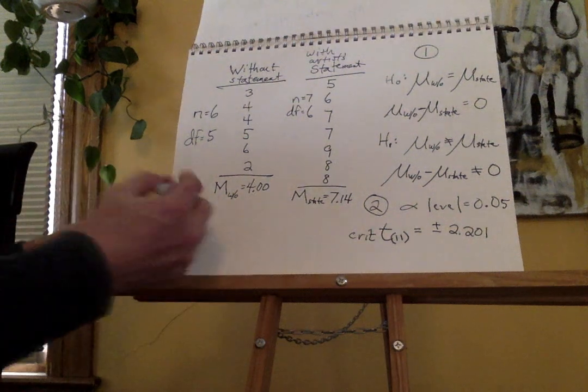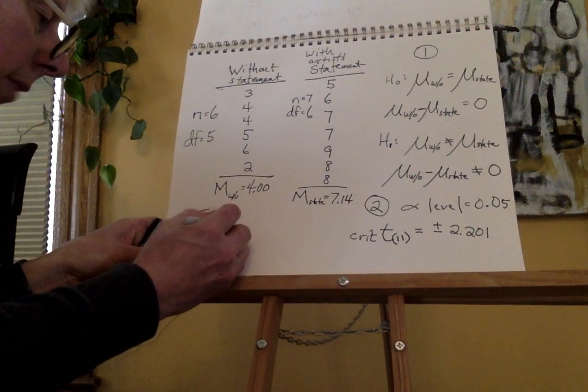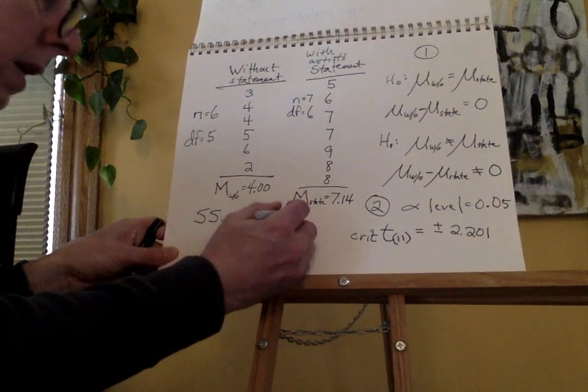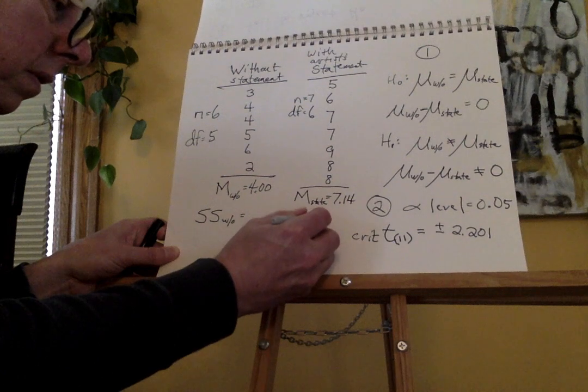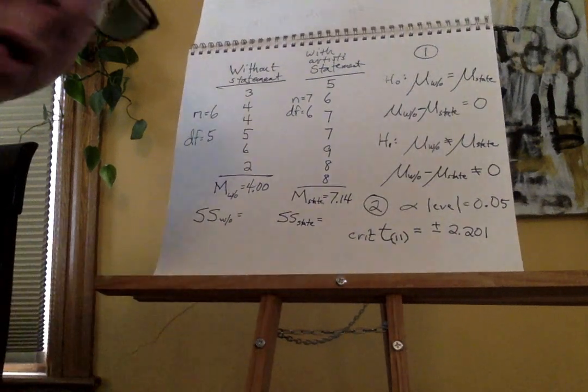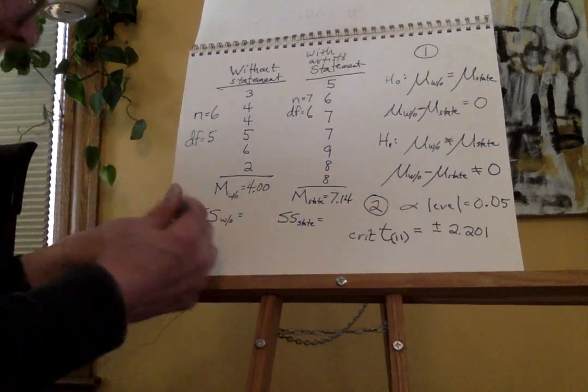I know I'm going to have to get the sum of squares for my group without, sum of squares for my group with the statement. Okay, so let's calculate that. Oh gosh, I should have done this ahead of time, but we can do this. Let's do it together.